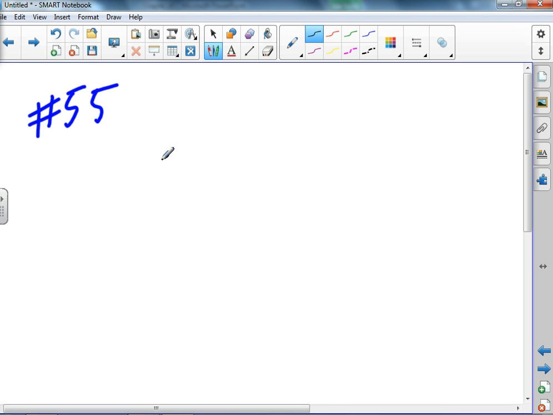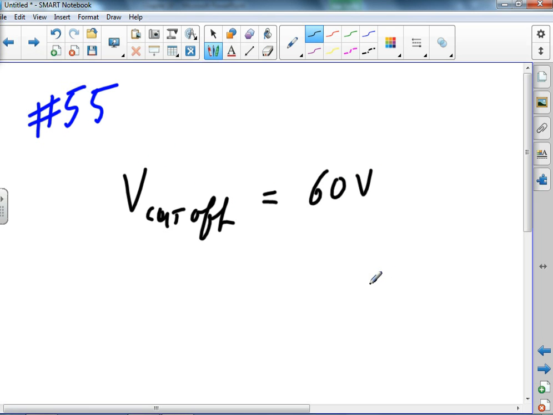Oh, 55 alpha. Okay, so the voltage at cutoff is going to be 60 volts. Okay. The voltage collector to emitter at the Q point is going to be 60 volts divided by 2, also known as 30 volts. Okay.